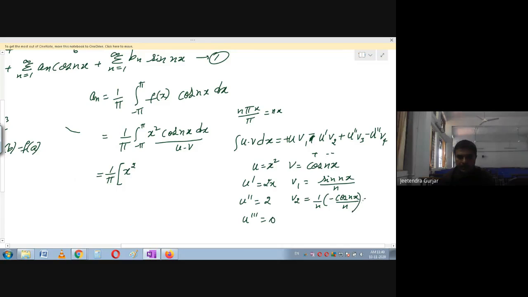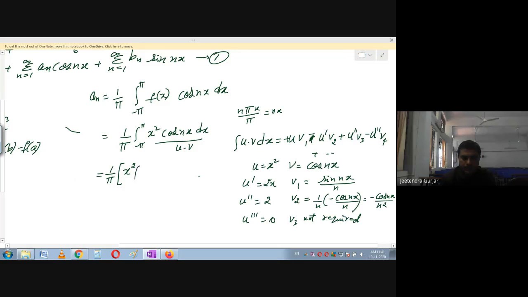If you further simplify, you are going to get minus cos nx upon n square. Now, the third integration is not there. You can see u3 is 0, so there is no need to calculate. Why is it not required? Because u triple dash, that is 3 times differentiation, is 0, so we do not take it till there. So x square will be substituted.